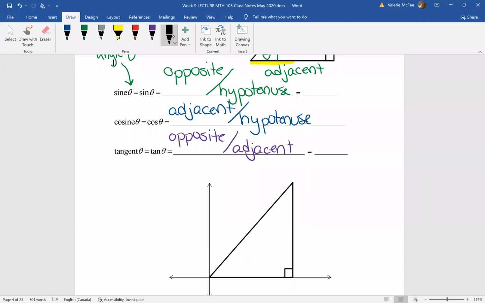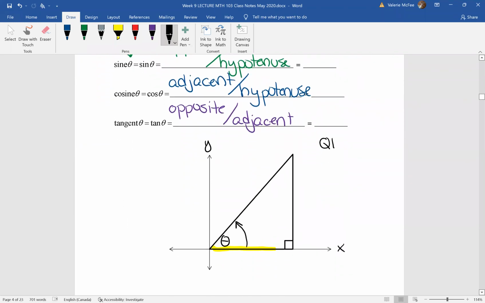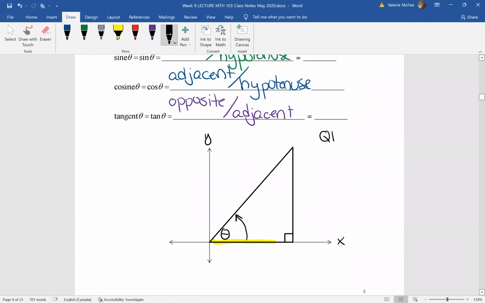So you can see that I've drawn a triangle in quadrant 1. We have our y-axis and we have our x-axis. And remember that we always start measuring our angle on the terminal side. And so we have our angle theta here inside our triangle. It looks quite similar to the triangle we've drawn here. Theta is in the same place, our right angle's in the same place.